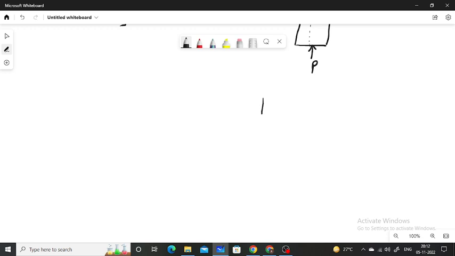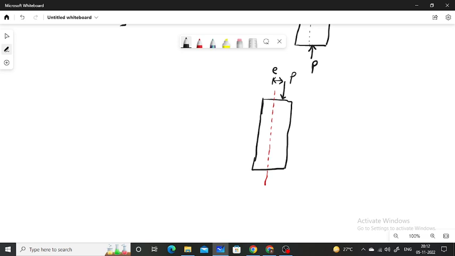If the load is shifted from the center, from the axis of the column, that load is known as eccentric load.